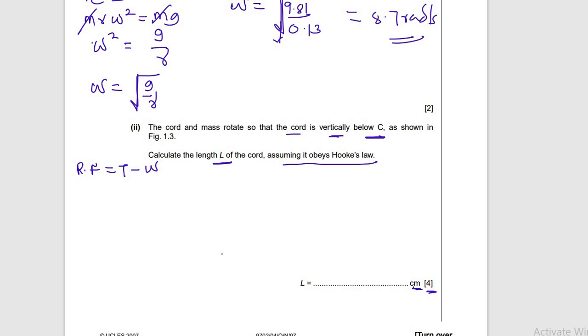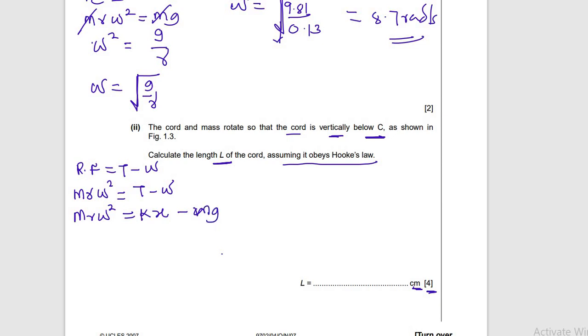Resultant force is centripetal force: mRω squared equals tension minus weight. Assuming Hooke's law is obeyed, tension is kx, minus weight, and weight is mg.